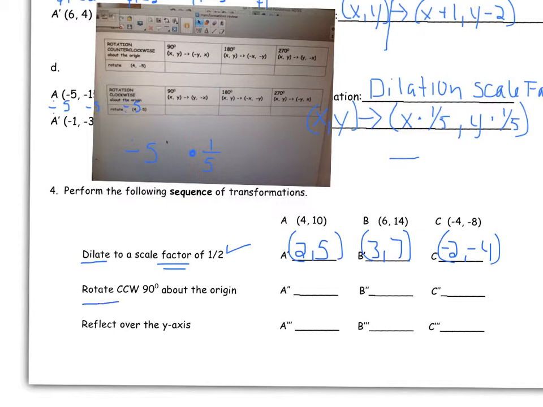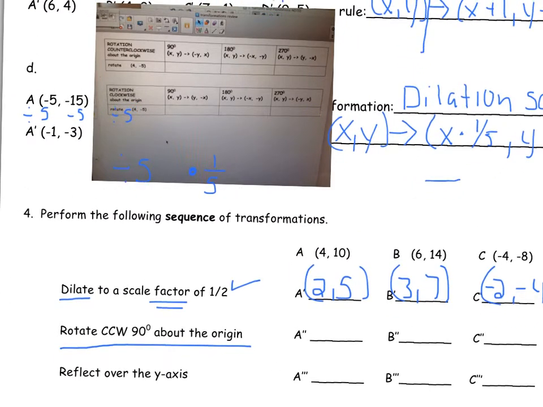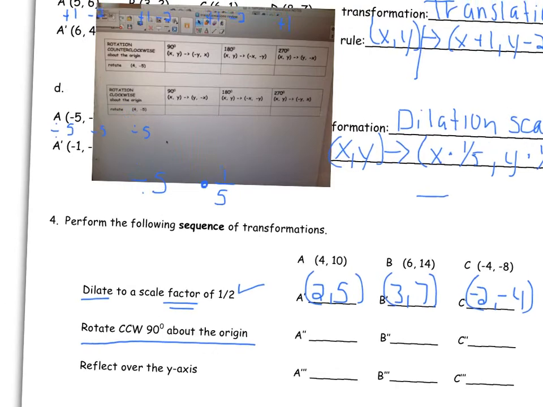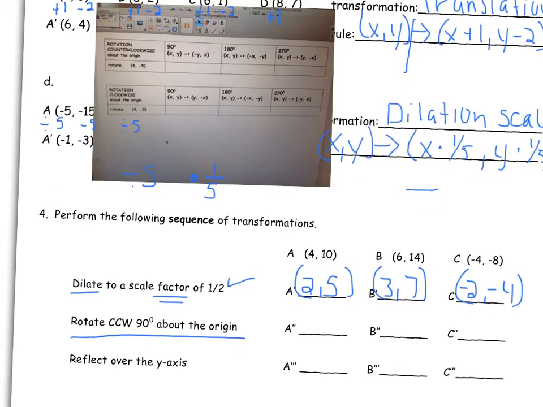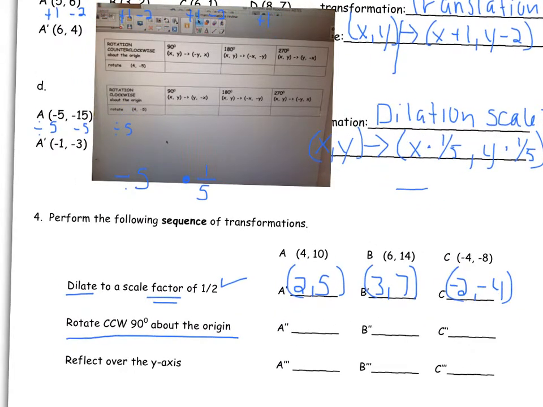The next, 90 degrees counterclockwise about the origin. So remember, I look at my rules for this one. I know that my rule is for this one, x, y, I am flipping, and the first one becomes its opposite.